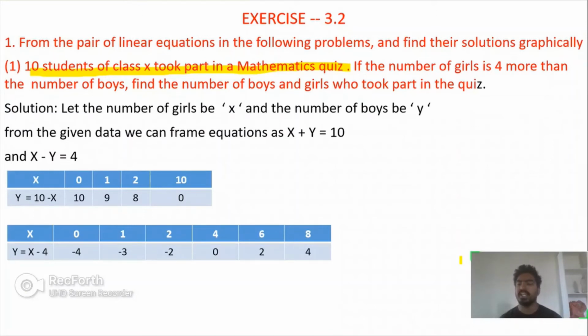Now, it's time to plot all the points in a single graph in order to show the relationship between the two line equations graphically, right?